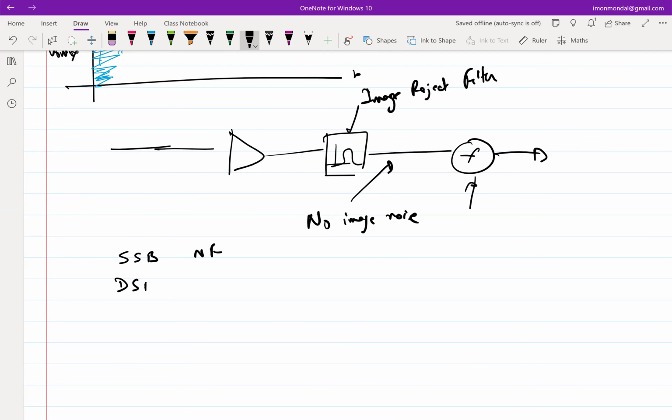In double sideband noise figure, it is assumed that there is no image. This is the assumption. And single sideband, this is whatever you get, right?